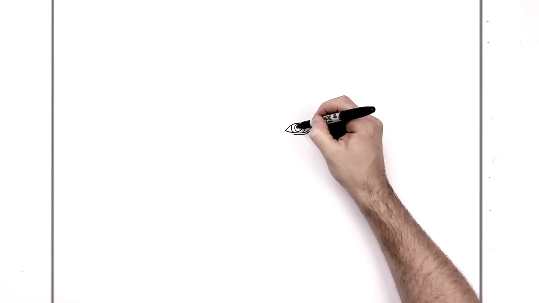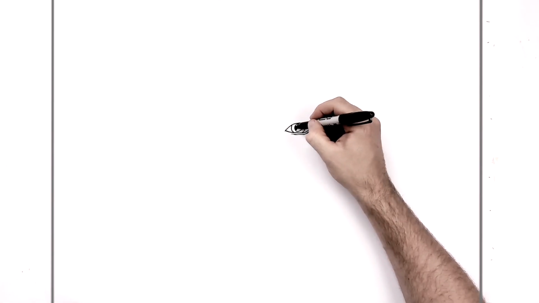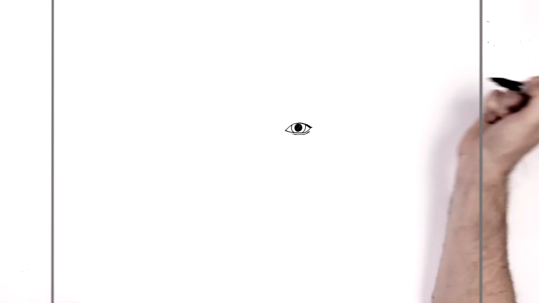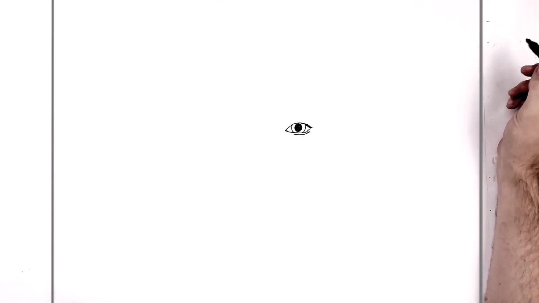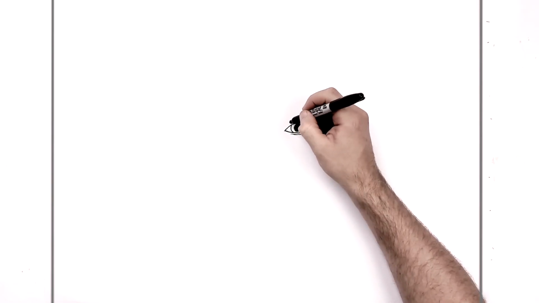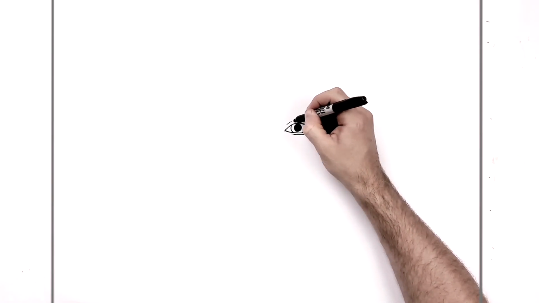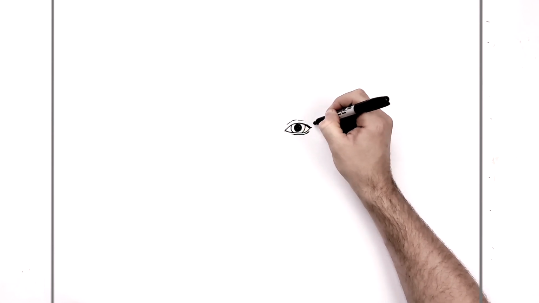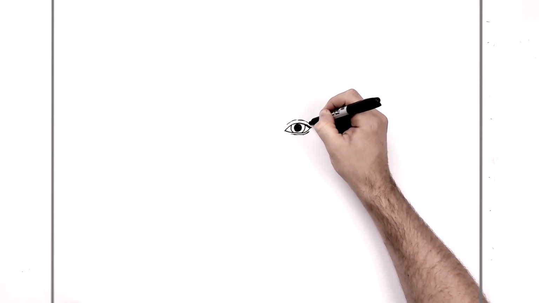We can pretty much see the whole thing. And then we just color this in. Right, and then we'll give her sort of an eyelid line just up here as well. Like so.